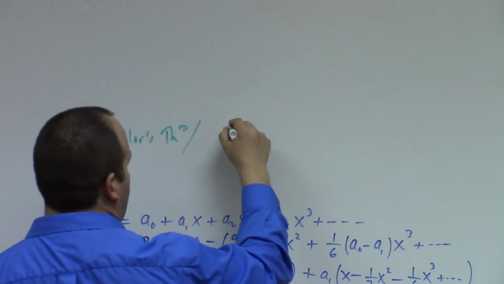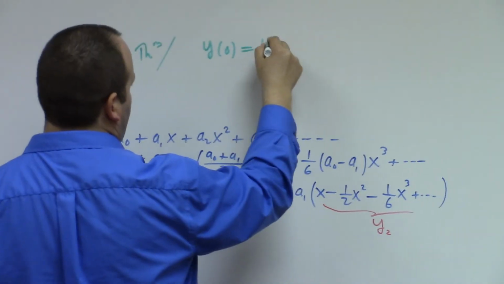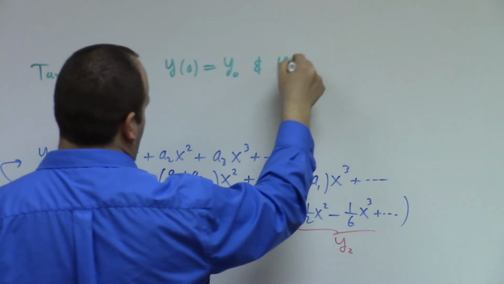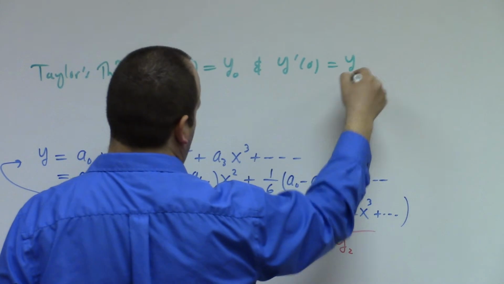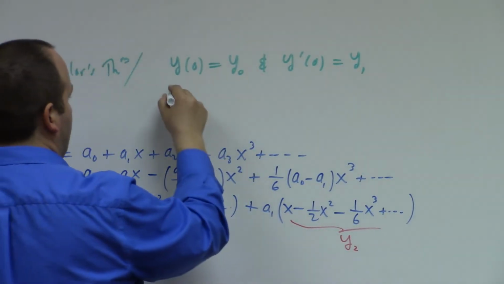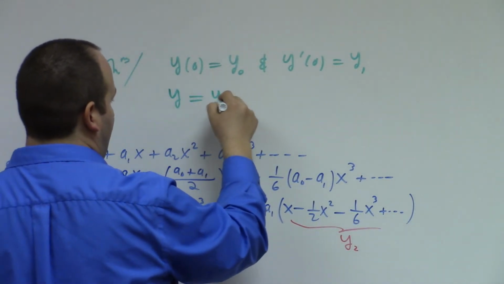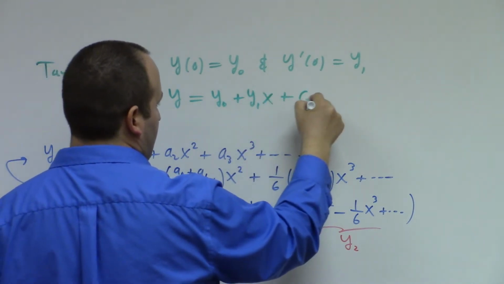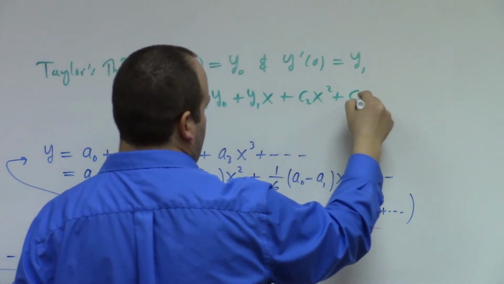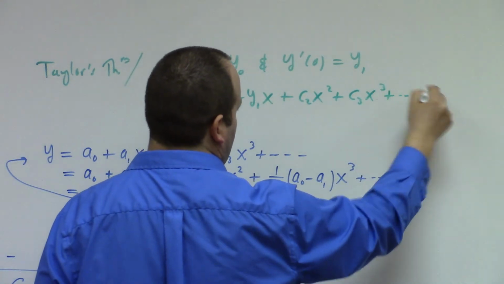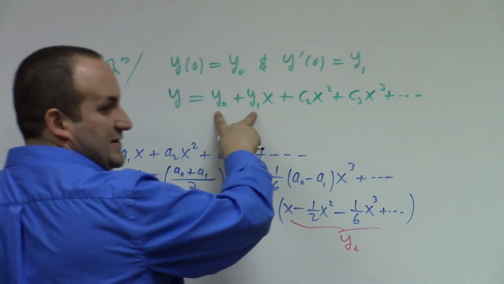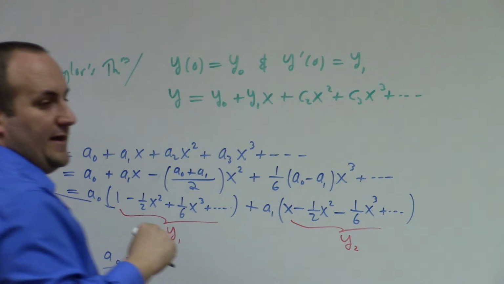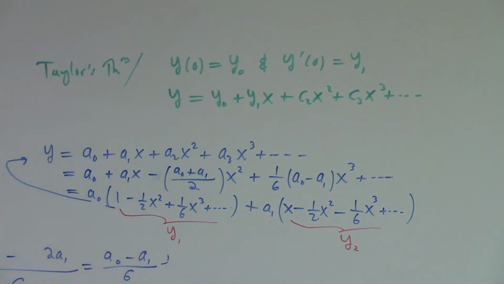So if you know that y of 0 is, say, y naught, and y prime of 0 is y1, then of course the solution you should guess would be y is equal to y naught plus y1x plus c2x squared plus c3x cubed plus dot dot dot, where these will be given constants, and even for an ugly problem like this that can still work out nicely. You'll see that in the homework.